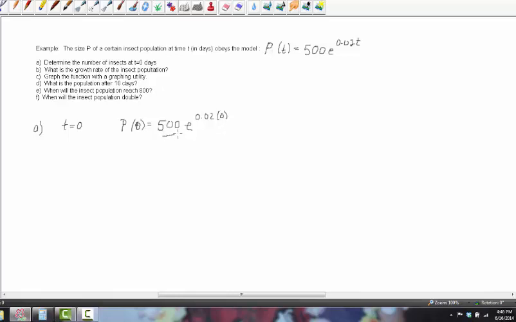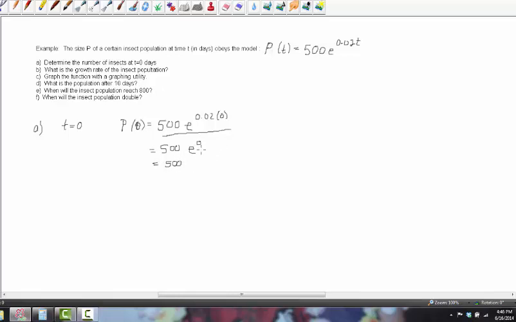When I evaluate this, this will give me the size of the population on day 0, the initial amount. So 500 times e to the 0.02 times 0 is 0. e to the 0, any number to the 0 power is 1, so this is just equal to 500.